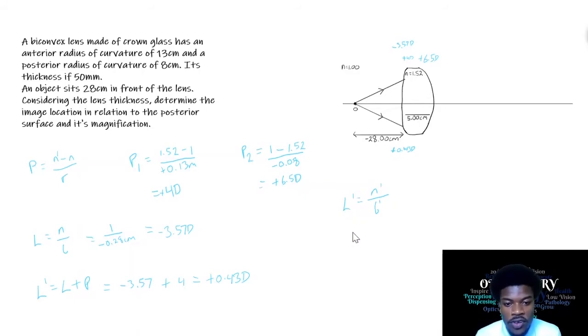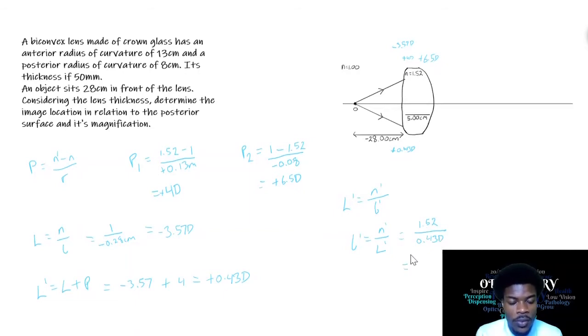So when we restructure the formula, we can put our 1.52 over the image vergence, which is at the bottom there, as you can see it, is 0.43 diopters at the bottom of the diagram. 0.43 diopters.